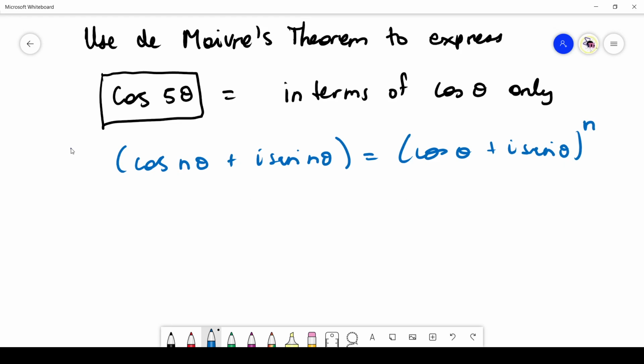That is De Moivre's theorem right here. You have that polar form without the r present, and raising it to a power just means placing that power in front of your theta.